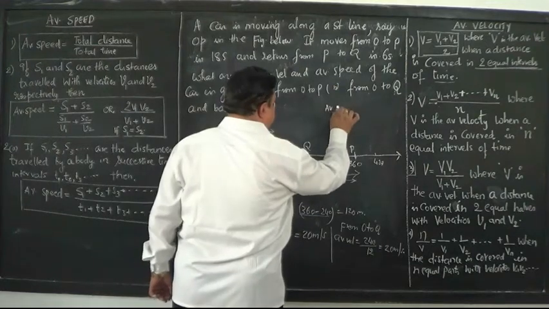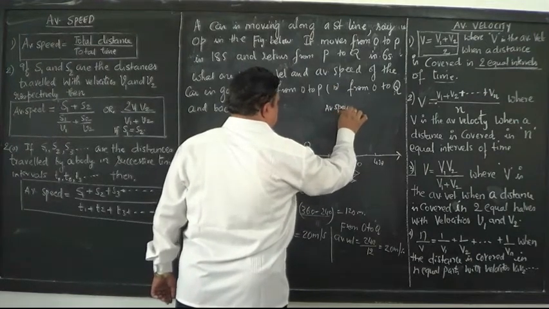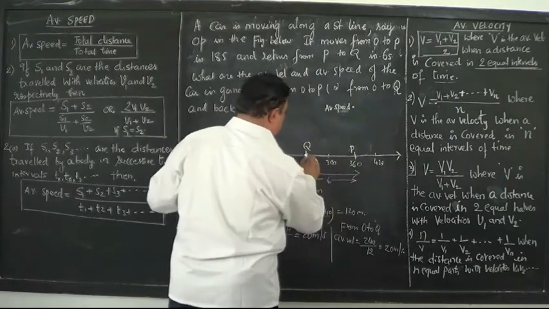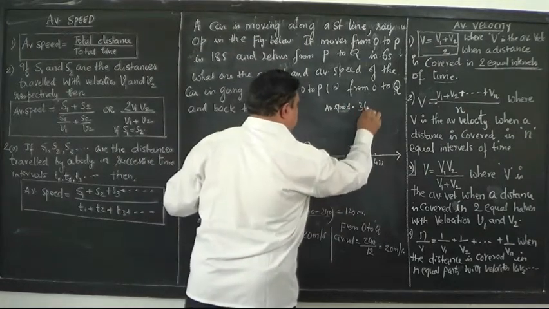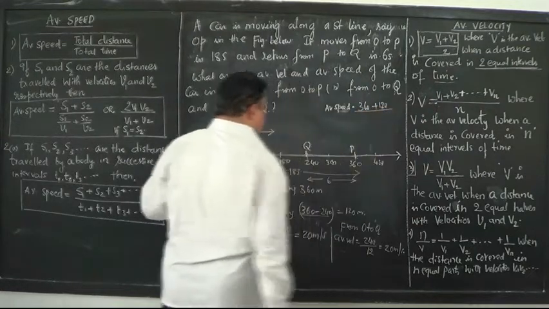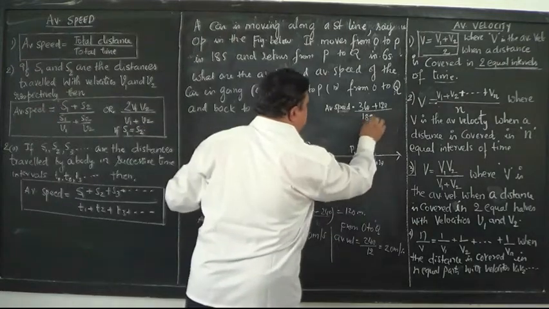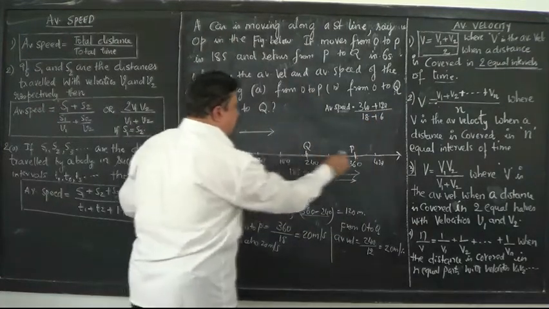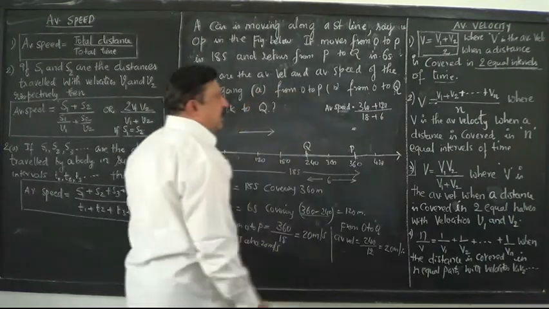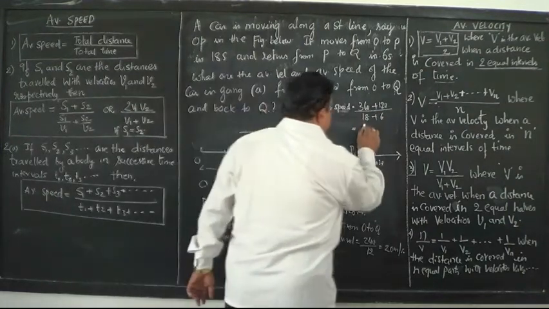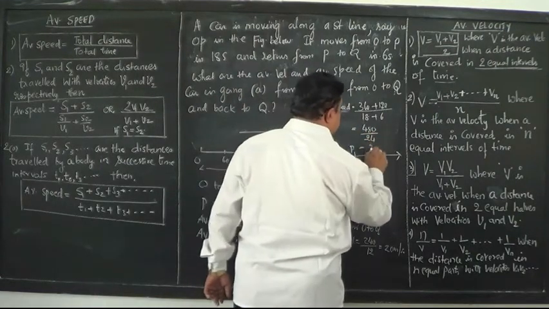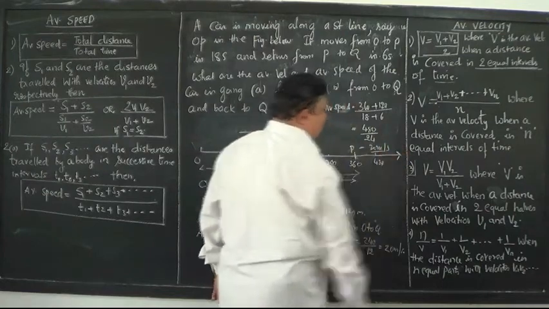I'll talk about average speed now. From O to P it is 360 plus P to Q is again 120, divided by 18 plus 6, because from here to here it is 18 seconds and this is 6 seconds. So simplified, this is 480 divided by 24. It is 20 meters per second. Okay?